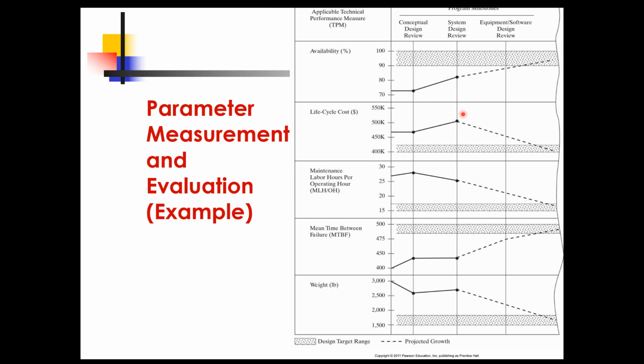Because if you are diverging from the target, and that is really a must-have target, then something must be done. And again, the earlier you do it, the better. So this is a wonderful tool to track your design, how you're doing, as you take more and more data on the design parameters and the specifications that you need to meet.